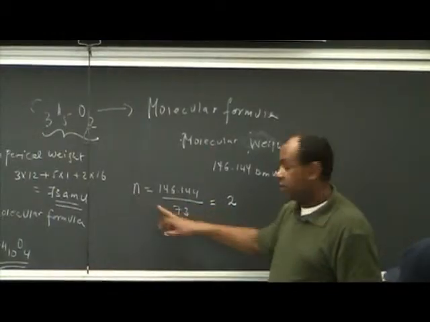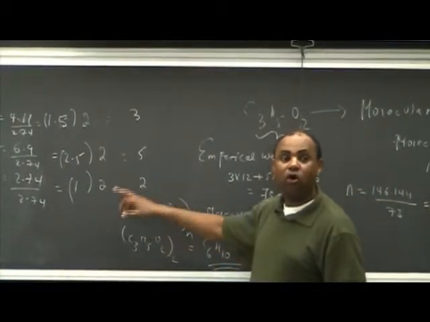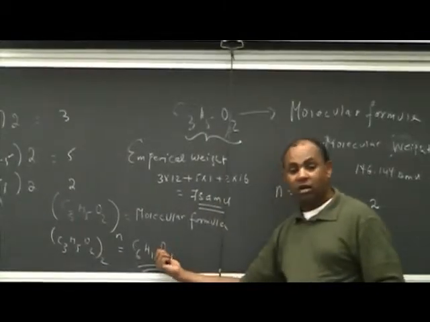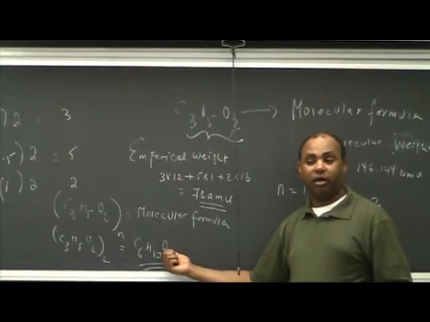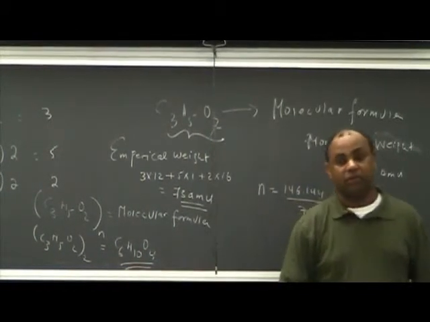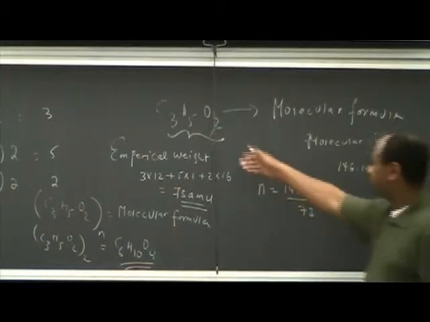That gives you the factor n. This n is used to multiply the whole empirical formula, and finally you get the molecular formula. These are the steps that you need to do.